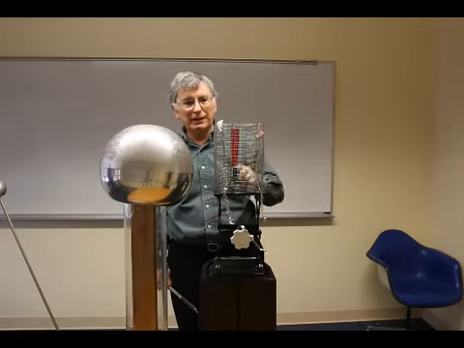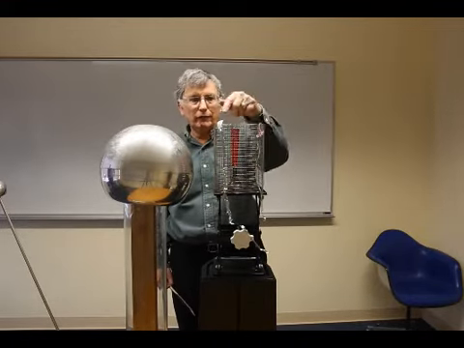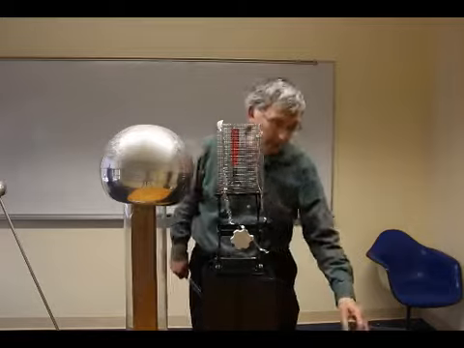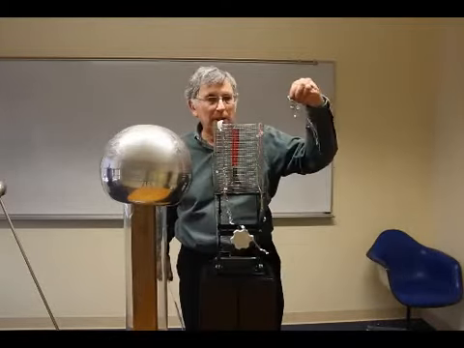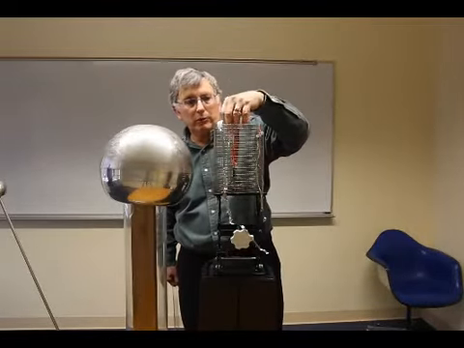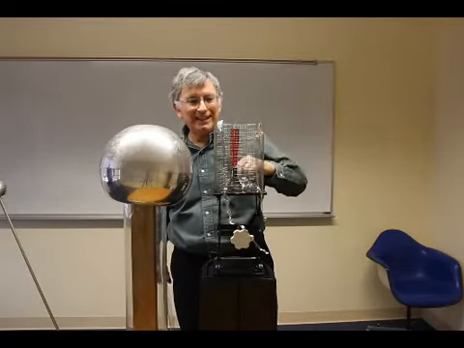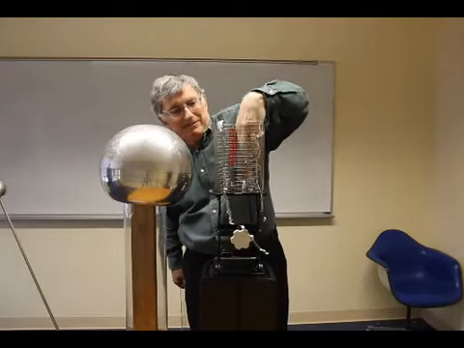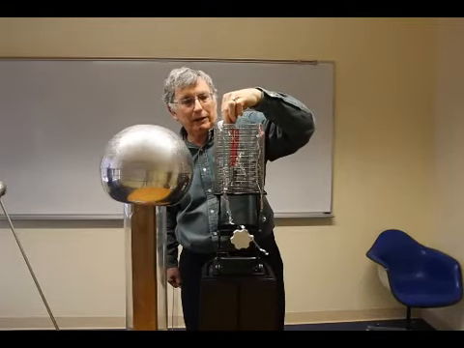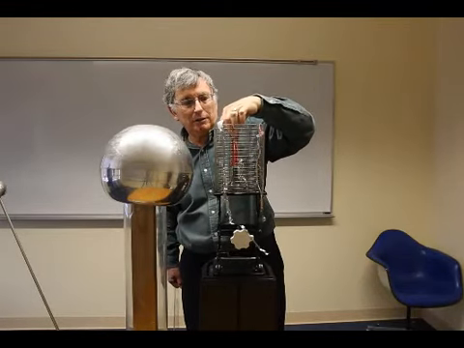We'll dramatically see the effect of the electric field on these strips of thin metal, and I'll put some of that metal inside so that we can see that there's no effect on the metal inside, while there is a dramatic effect on the metal outside.